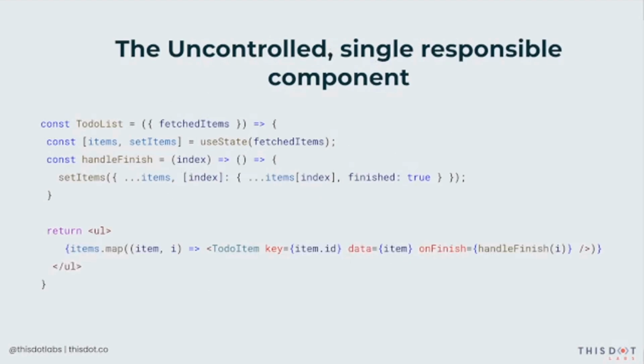So back to our to-do list. We have simplified it a little, where it now gets a prop called fetched items from its parent. So somewhere on top of that is another component which does the fetching logic. We've removed that from this part. And if we want to look at why that's important, it's because previously, whenever we rendered the to-do list, it would start fetching that data itself.